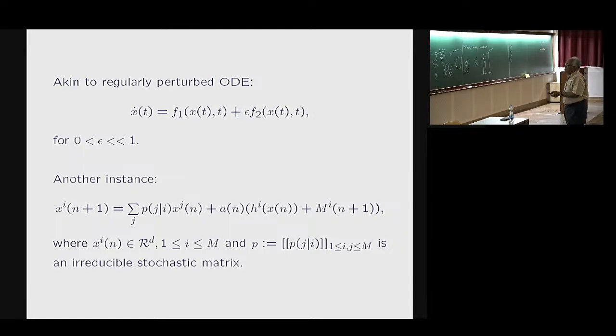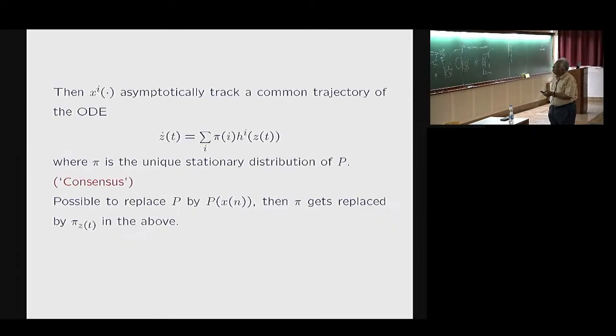So basically, in the simplest case, this will be confined to the invariant surface of P, which is the vector of constants. That shows that all of them will track the same equation.